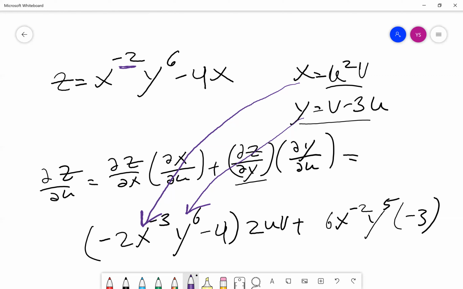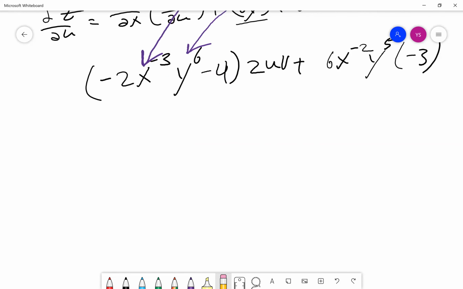So another important thing that we need to know how to do is implicit differentiation with respect to these type of problems.